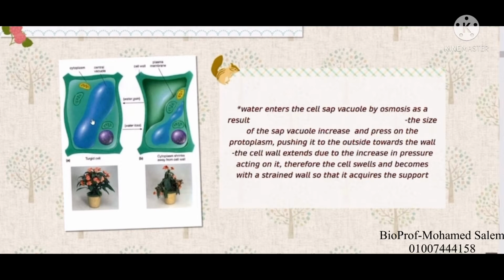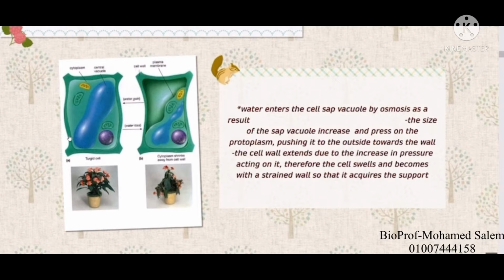So the water enters cell sap vacuole by osmosis, like a balloon, زي البالونة كده بالظبط لما بنعمل فيها انفليت أو بننفخ فيها فبتبدأ increase in size. نفس الكلام السيل ساب when the water moves inside the cell, it enters the cell sap vacuole and its size will increase and press on the protoplasm. That protoplasm is cytoplasm and cell membrane.